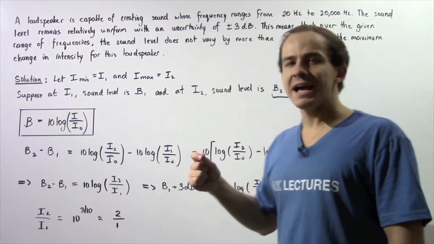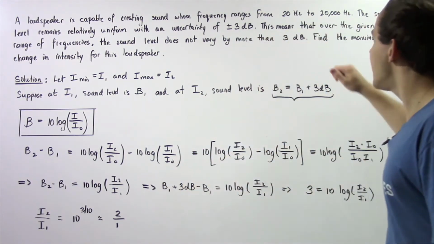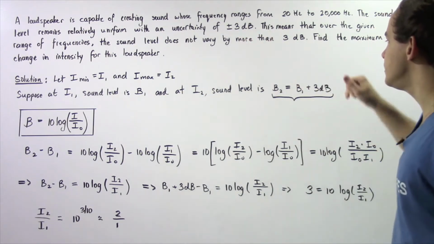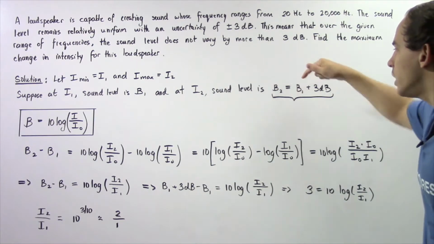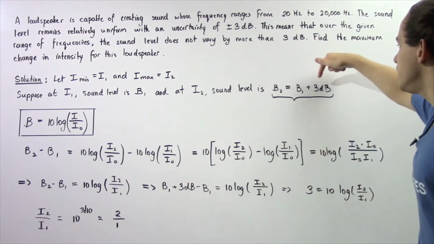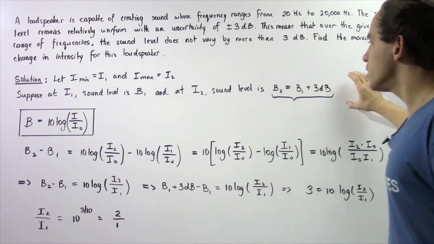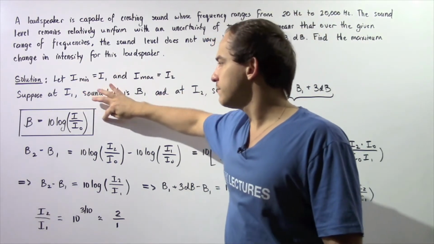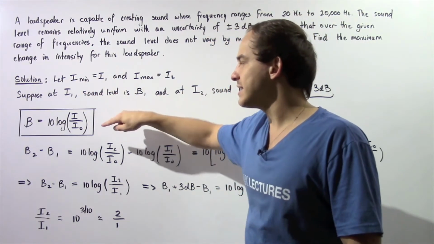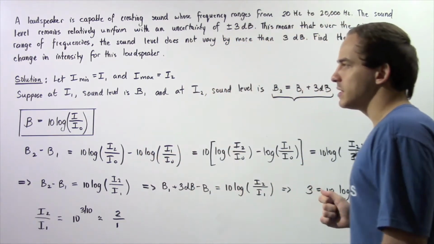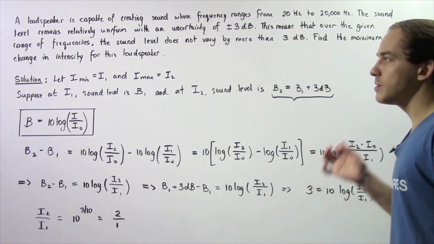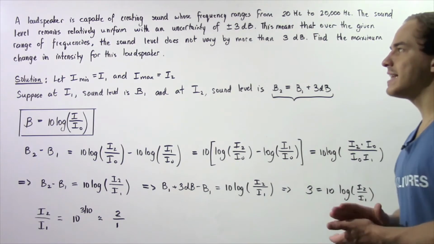And because the maximum variation is plus or minus 3 dB, let's suppose that B2 is equal to B1 plus 3 decibels. So we're going to use this information in the following formula, which is essentially the equation for the sound level of our loudspeaker, to find the maximum change in intensity.